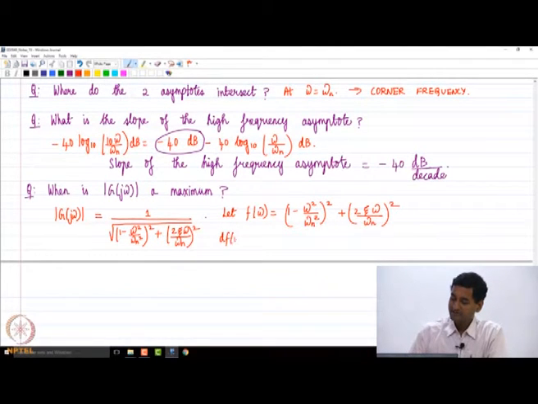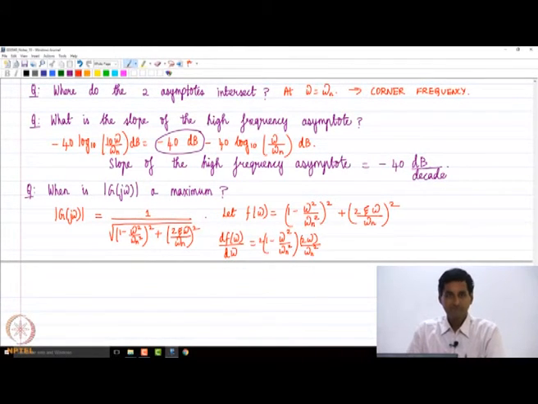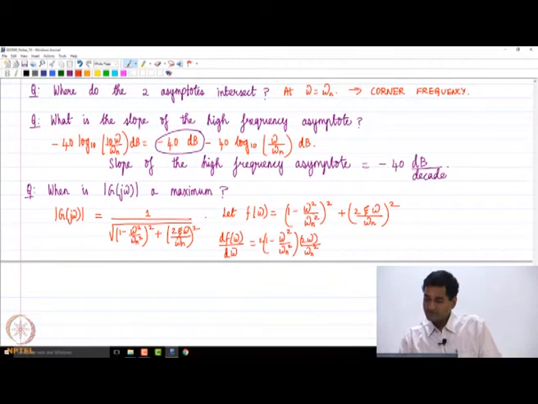Now, if we take the first derivative of f of omega with respect to omega, what do we get? We get 2 times (1 minus omega squared by omega n squared) times 2 omega divided by omega n squared. Then I have a minus sign, because when I take the derivative of the term within the square, I will get a minus sign.